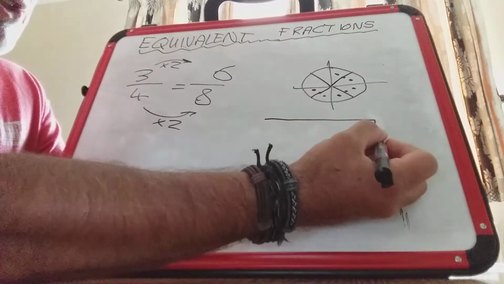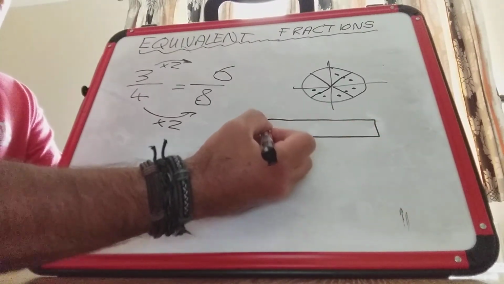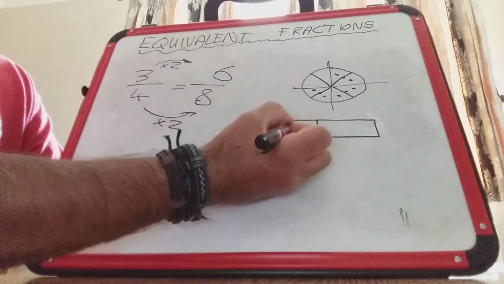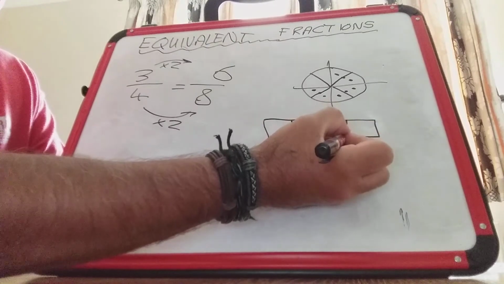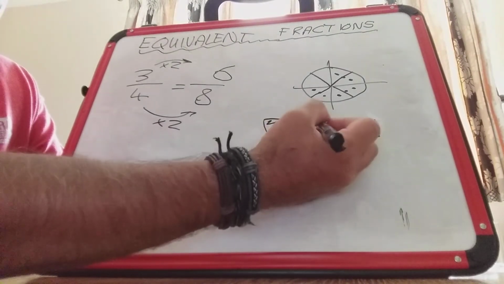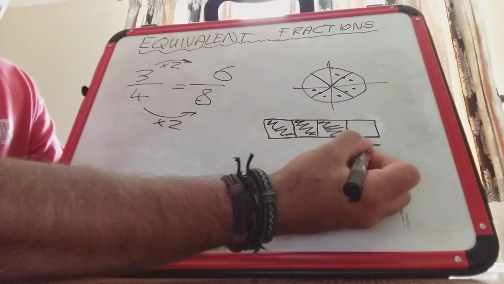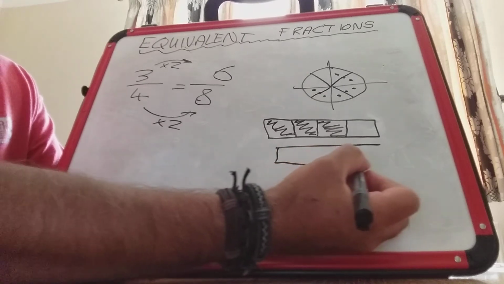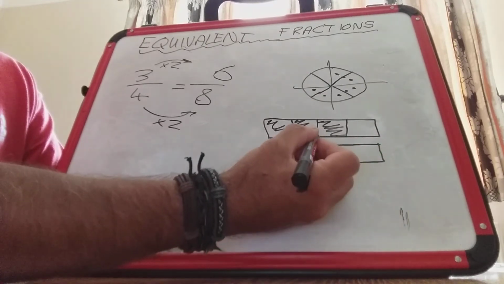And another way of proving it is to use the bar model, because they seem to be quite keen on that. So let's show you quarters here. Okay, so quarters is 3/4 like that, and then the equivalent, what we have to do is to make eighths.